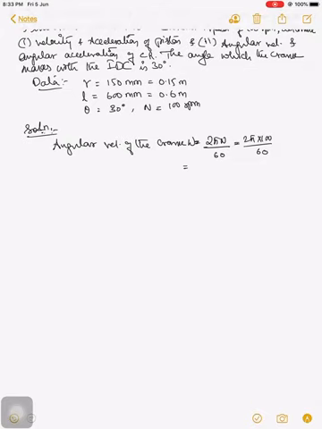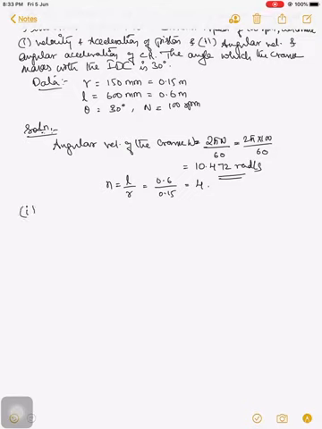Therefore omega is equal to 10.472 radians per second. Now we need to find out the ratio of the connecting rod length to the crank length, that is n is equal to L by R. So 0.6 divided by 0.15, that is equal to 4.